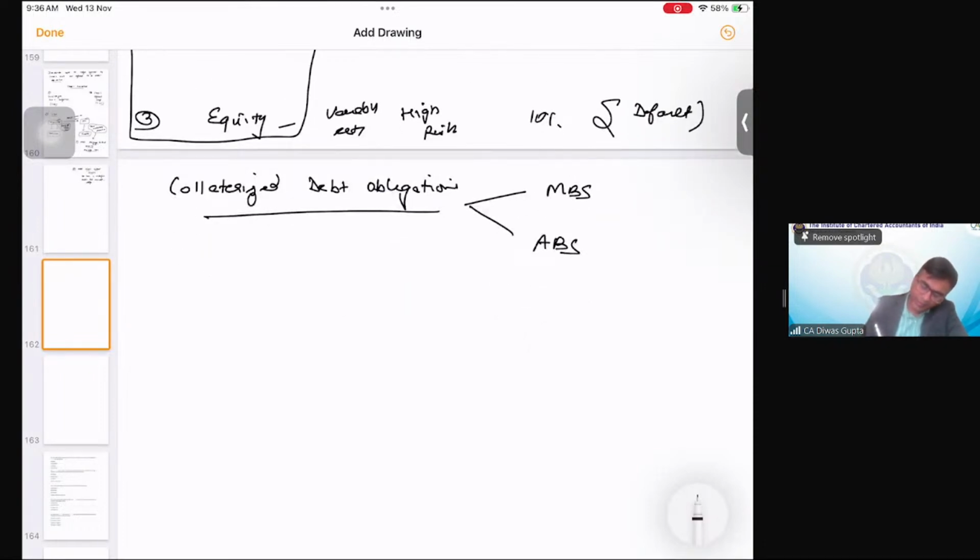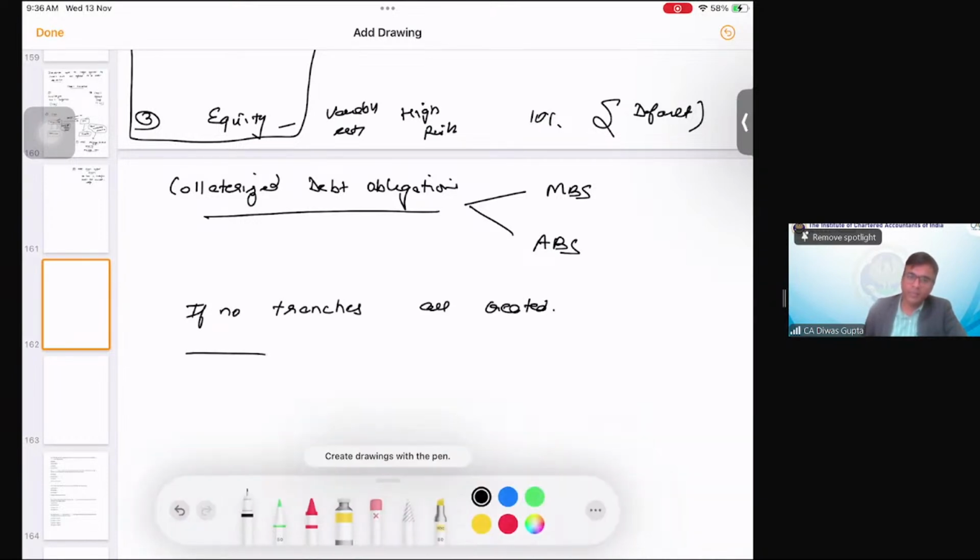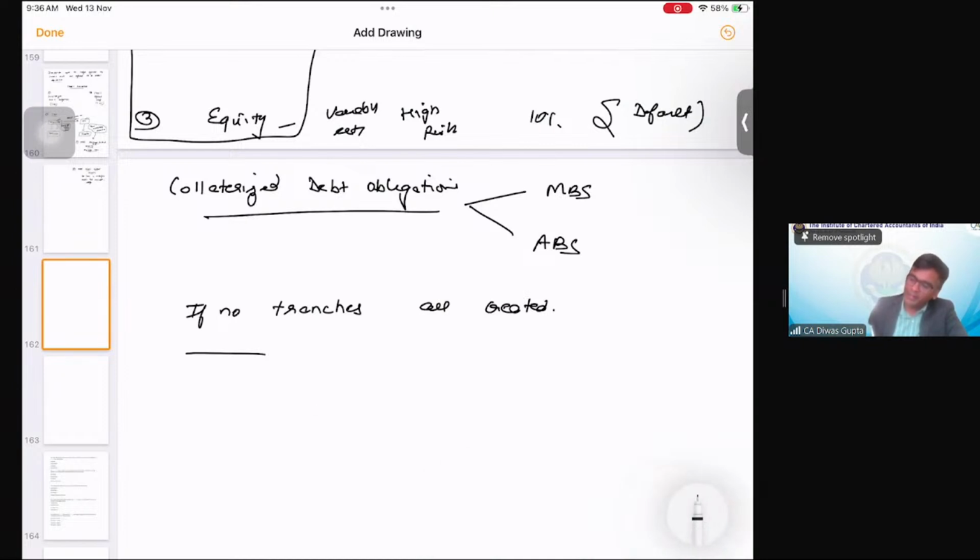If we don't create tranches, if no tranches are created, then in that case only one option is there. There are no different options, only one option is there.